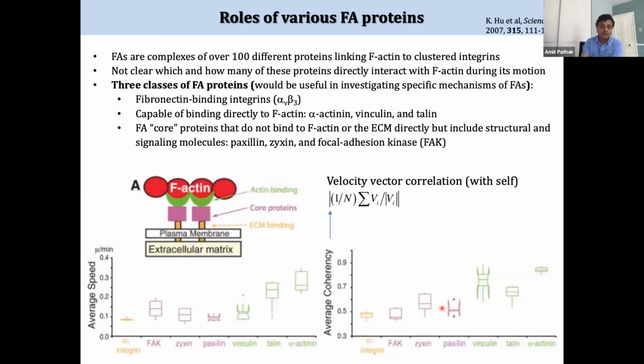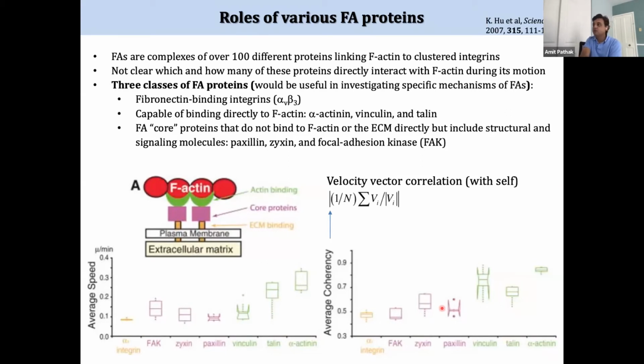As you read papers, focal adhesions sometimes are just defined by vinculin concentration or paxillin or talin or focal adhesion kinase. And how those choices are made, the rationale should be based on what you're interested in. If the rationale is looking at a subcellular process, let's say the role of force generation, then you should look at perhaps a focal adhesion protein that binds to F-actin.